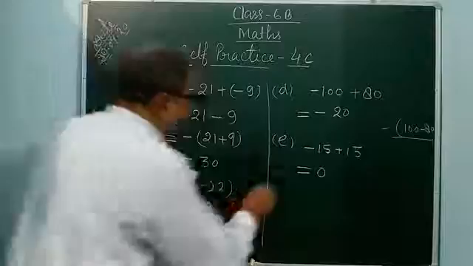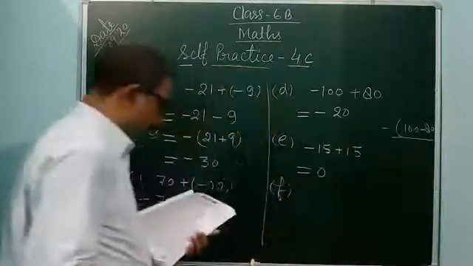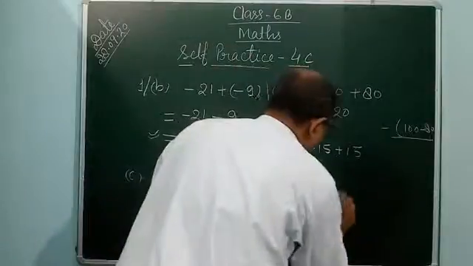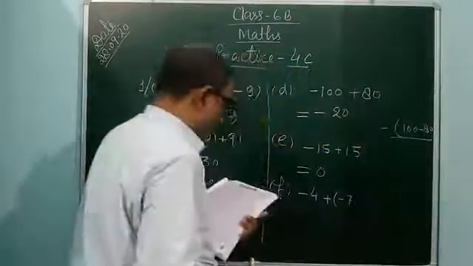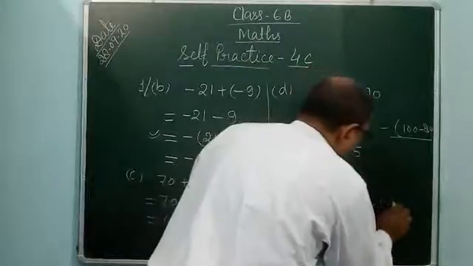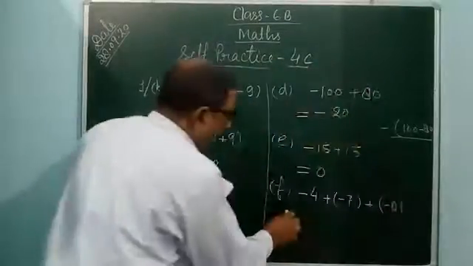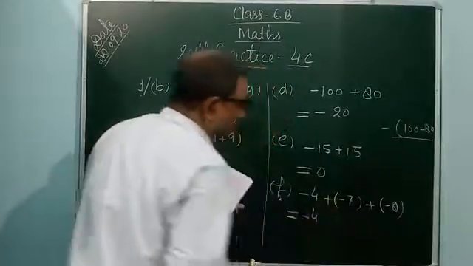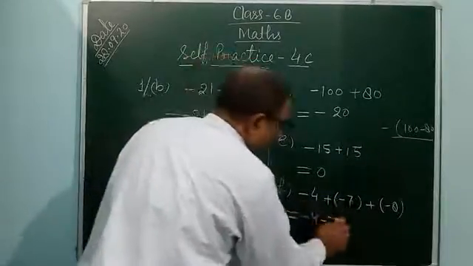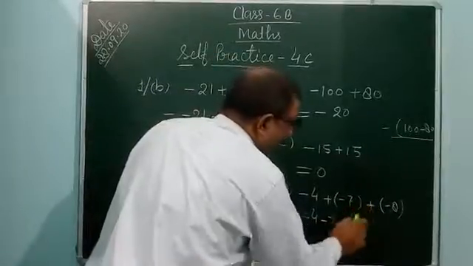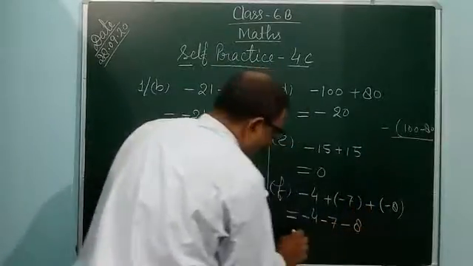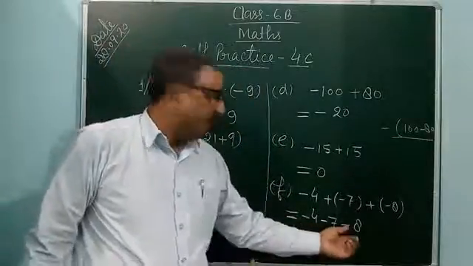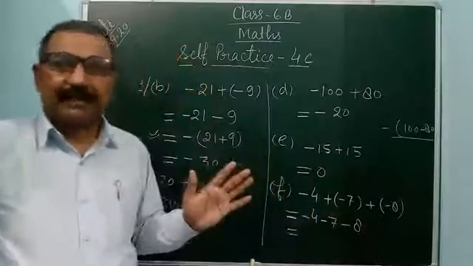Question number F. Minus 4 plus minus 7 plus minus 8. You can see minus 4, then plus with minus symbol, you can multiply, it will come minus. Minus 7, plus minus multiply, it will come minus 8. So you can see all the numbers are negative.